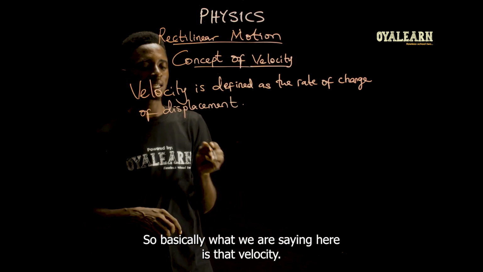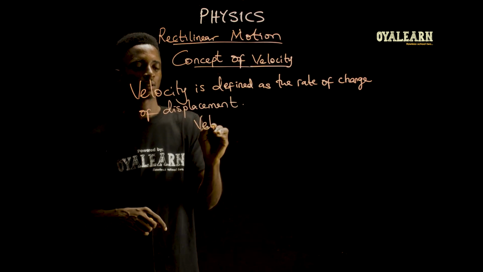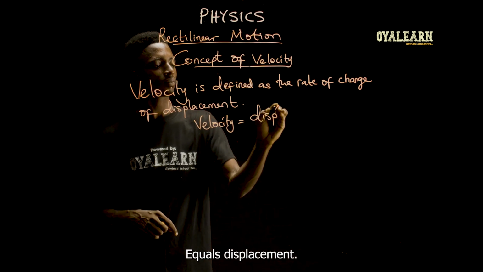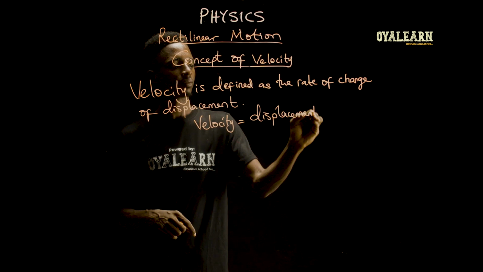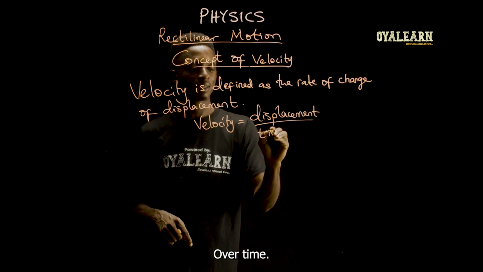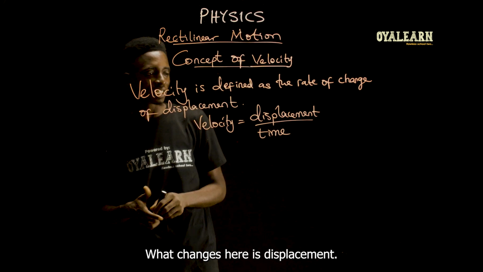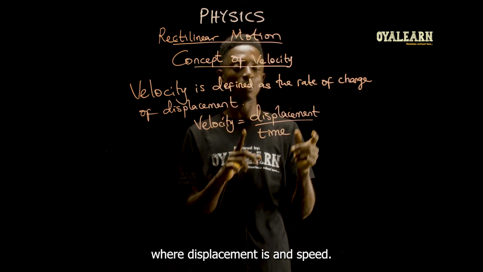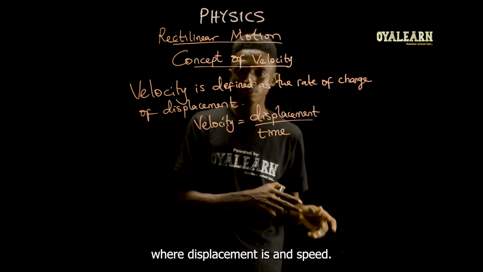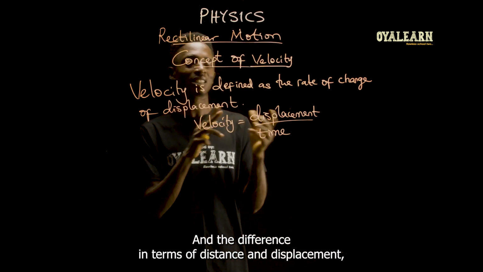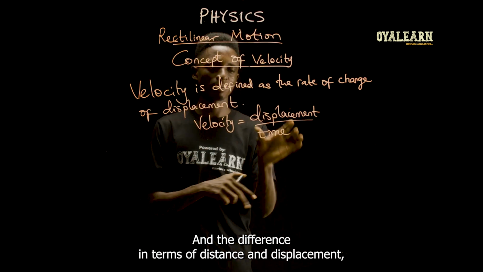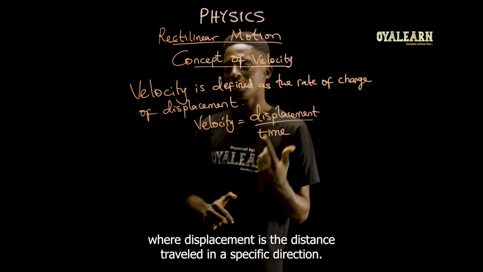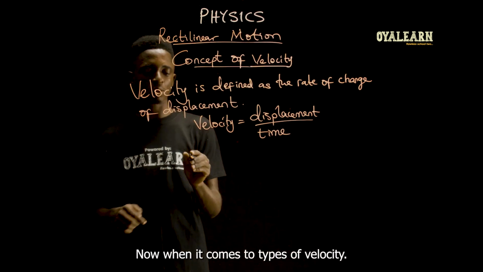Basically, what we are saying here is that velocity equals displacement over time. So you see, what changes here is displacement. For speed, you have distance occupying the space where displacement is. Speed and velocity are different in terms of distance and displacement, where displacement is the distance traveled in a specific direction.